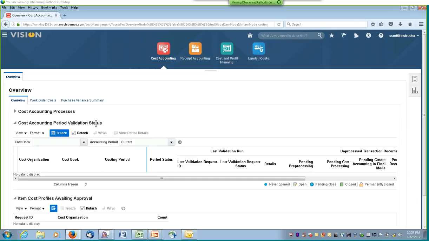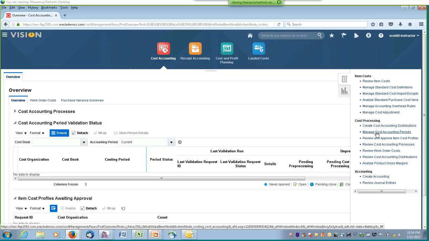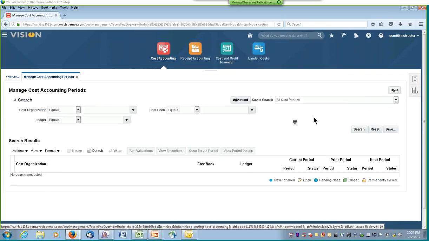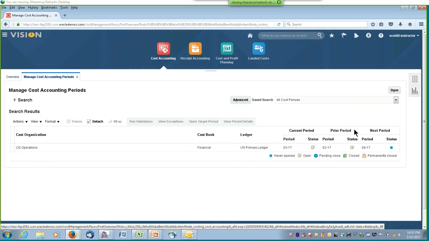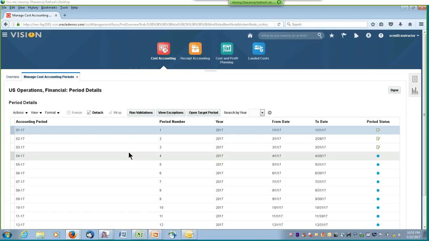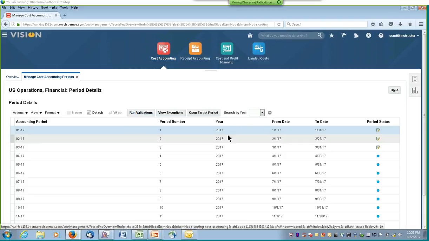When you run the period end validation report, or you go to manage cost accounting periods, let me look at the period for, let's say, US operations and cost book called financials. So I'll go over view period details, and I can go run the validation for, let's say, January, or is it January?